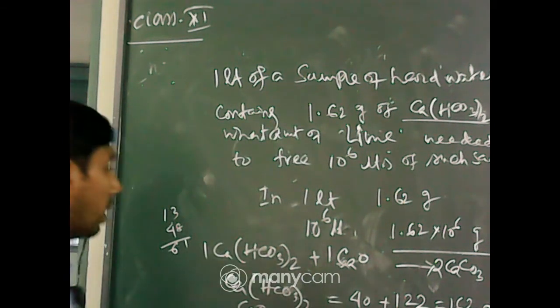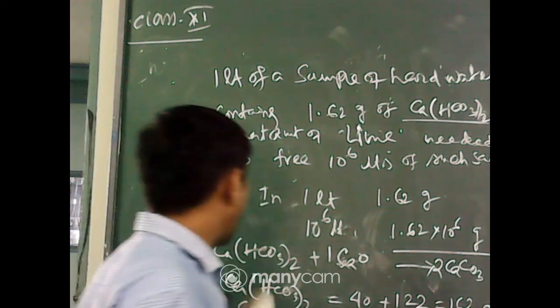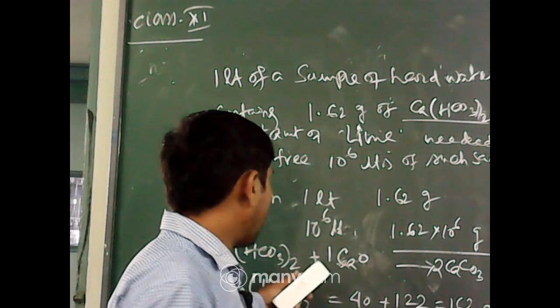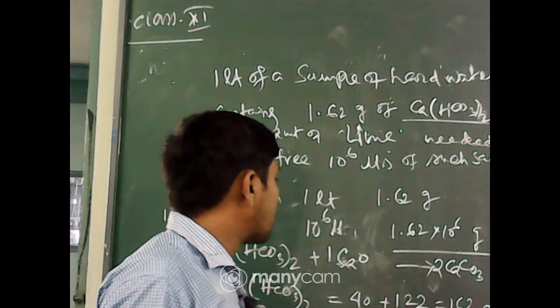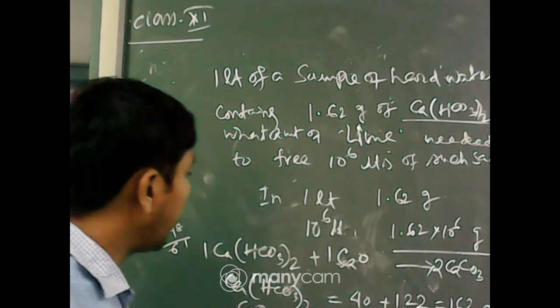Now, 162 gram of bicarbonate reacts with 56 gram of CaO.